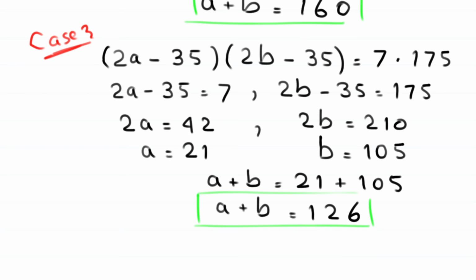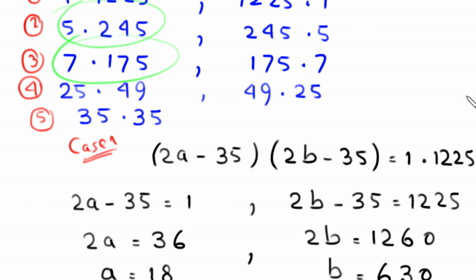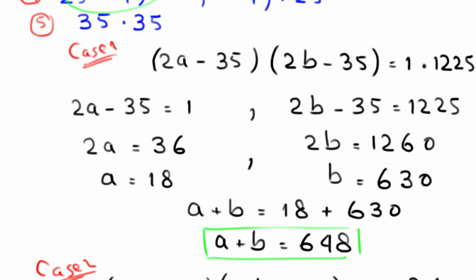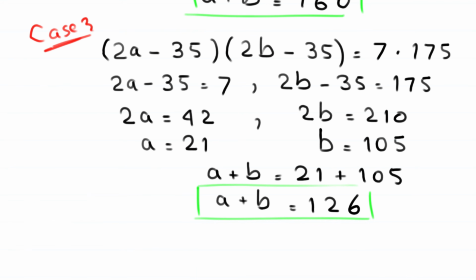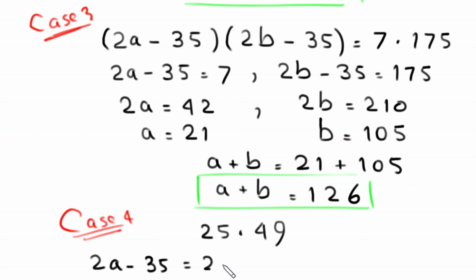So we move on to case number 4. In case number 4, we have 25 times 49. So we write this factor 2a minus 35 equal to 25, and we write this second factor 2b minus 35 equal to 49.